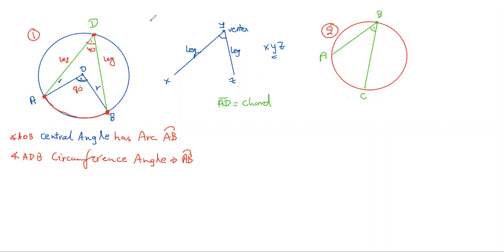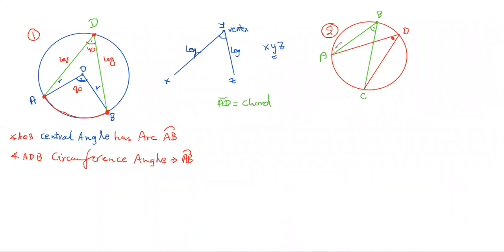Now, if I have another circumference angle, and let's say that's the point D, that's a circumference angle.